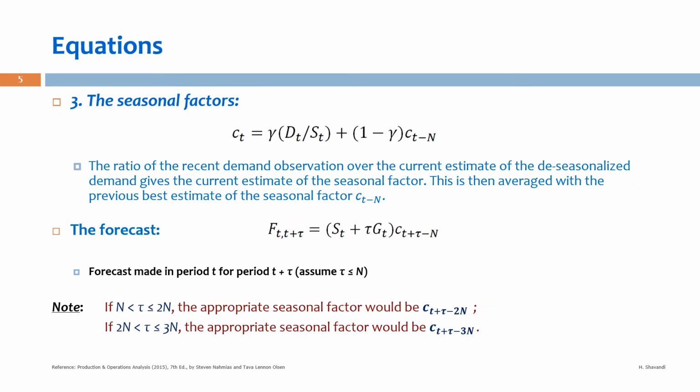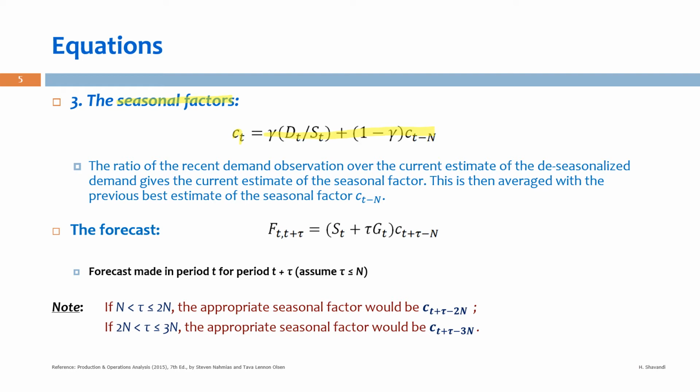The third equation that we have here is the exponential smoothing equation for seasonal factors. As I said before, we're not going to recalculate the seasonal factors any time that we have new data, and instead we will update the seasonal factors. So the seasonal factor for period t will be updated by this equation. Here we have a new smoothing parameter, gamma.